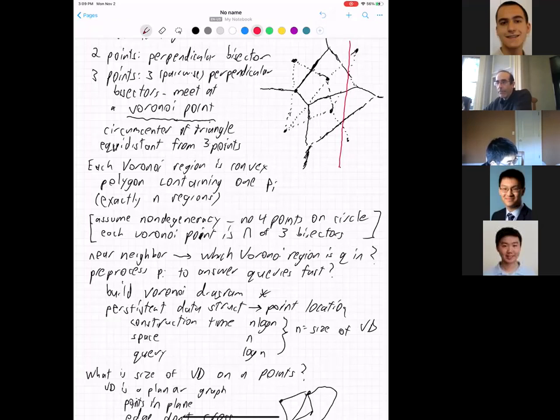So if I knew the order of these line segments, then I could find out which pair of them my query point was in between by searching a binary search tree on the y coordinates of these line segments at the x coordinate of my query point.